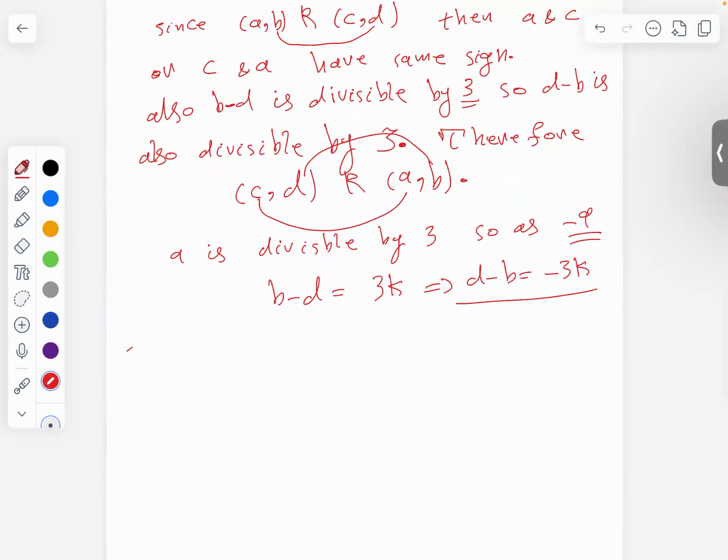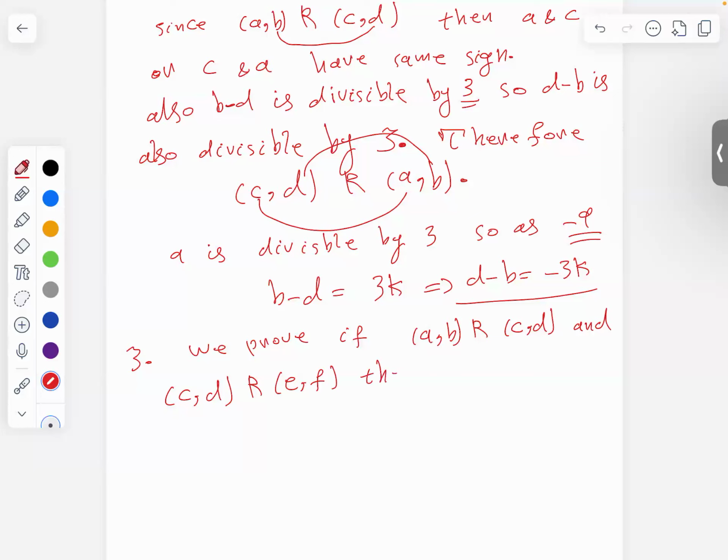Now we want to prove that if (A, B) has relation with (C, D) and (C, D) has relation with (E, F), then (A, B) has relation with (E, F). This is the meaning of transitivity.